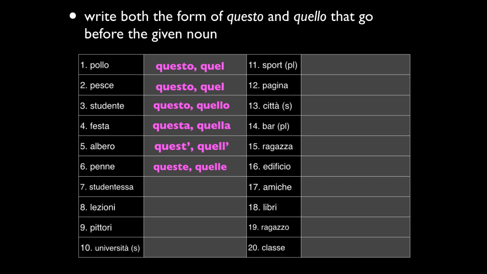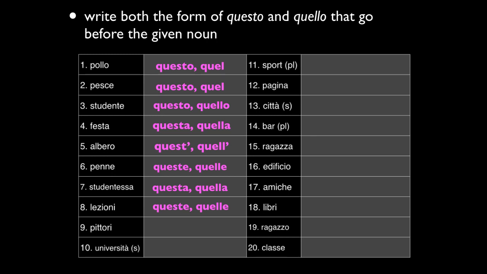Penne, we have queste penne and quelle penne, so these pens and those pens. Studentessa is number 7, that is questa studentessa and quella studentessa. Number 8, lezione, these are queste lezioni, quelle lezioni, these lessons and those lessons, feminine plural.